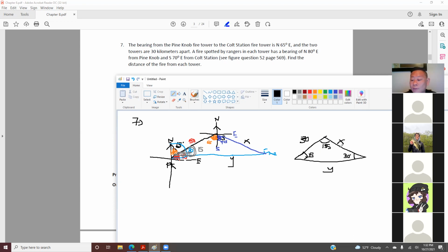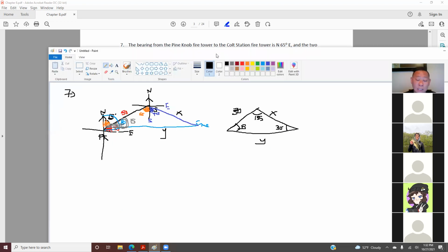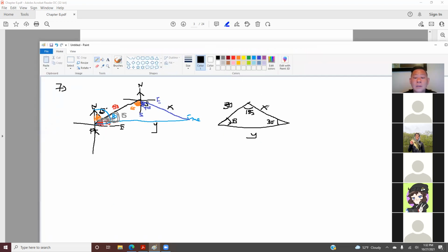So now you can find X and Y very easily using law of sine. So X in this case is over sine 15 because it's right across from here, and 30 over sine 30 is what we use here.